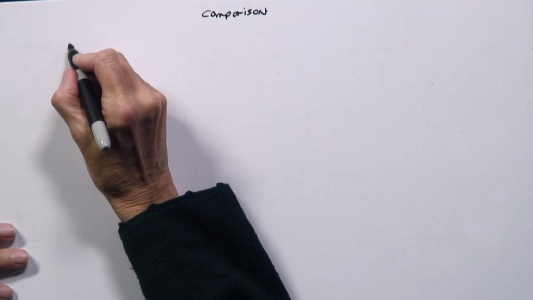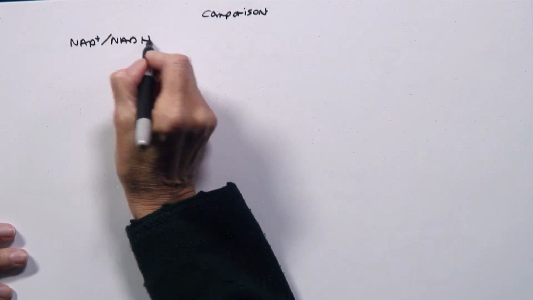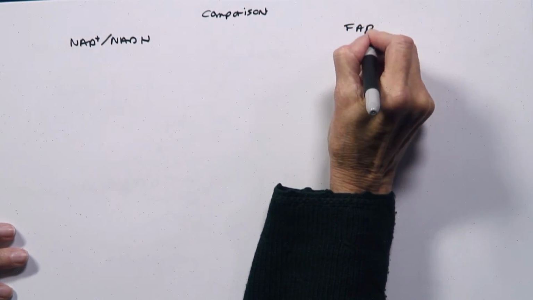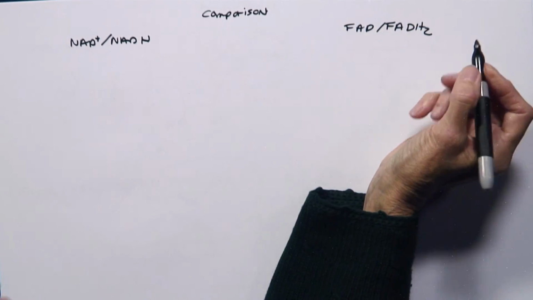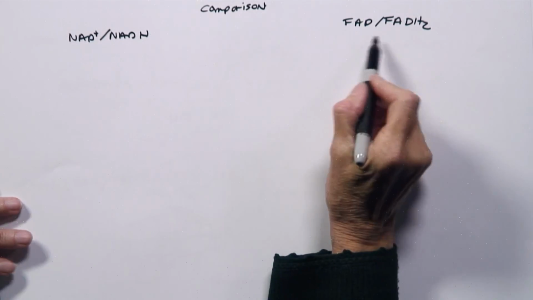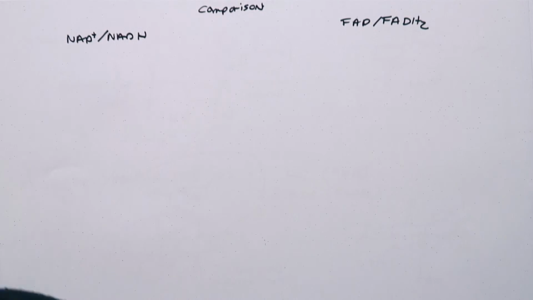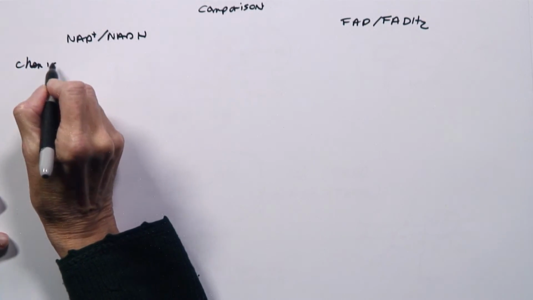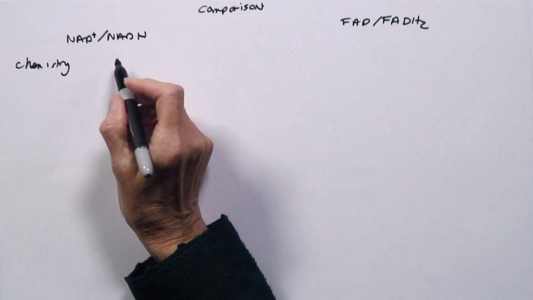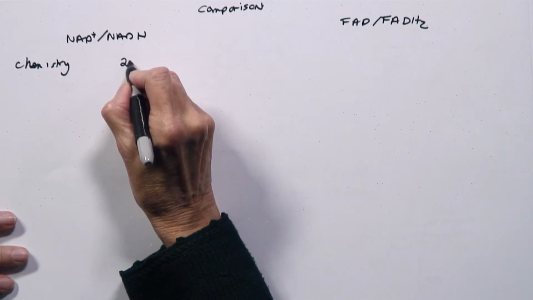So on one side I'll have NAD, NADH, and the other side we'll have FAD, again the oxidized form, and FADH2, the reduced form. And the first thing I want to compare is the chemistry. What we will see is NAD, NADH always does 2 electron chemistry all of the time.